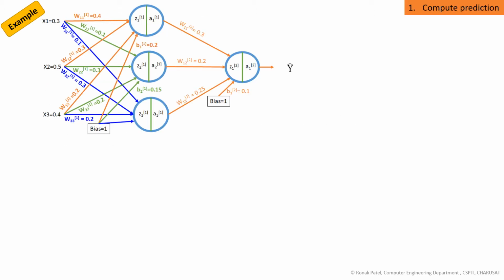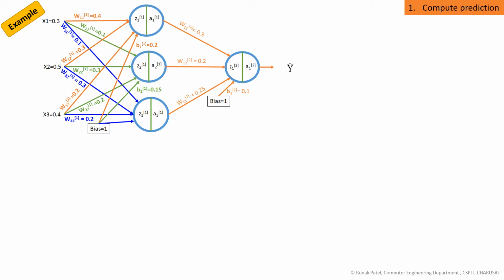Let's see the example. So in this two-layer network, w11 equals 0.4. We have assigned some weight 0.4, which is going from the first neuron to the first neuron at layer 1, right?